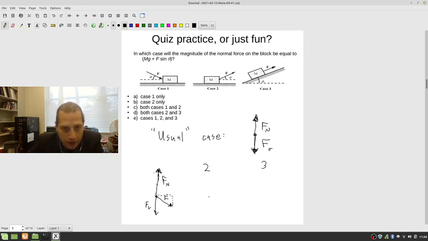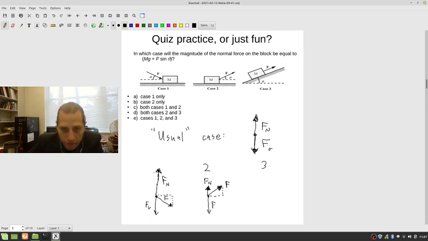On the other hand, in this second case, you have the force of gravity pushing down, but your force is pulling up and to the right. In this case, that force is pulling partially to the right and partially up. You don't need as much of a normal force to counteract the force of gravity going down.